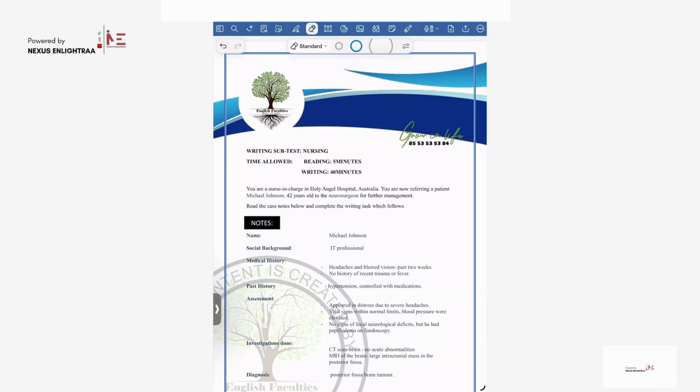Papilledema on fundoscopy means swelling of the optic disc, seen on eye examination. So when they've examined, they have seen the swelling of the optic disc on the eye examination. And importantly, no signs of focal neurological deficits. All of this goes into your letter. All of this has to go into your letter.